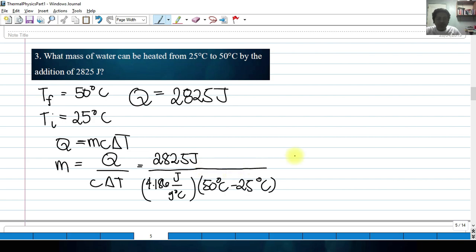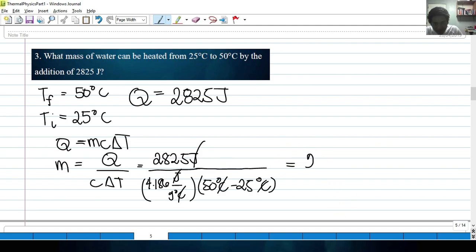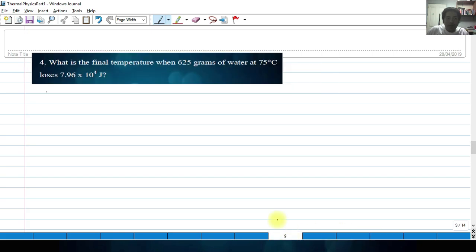The units should cancel, joules, joules, degrees Celsius, so we are left with grams as our mass. If we calculate that using our calculator, we shall get an answer of 27 grams. Of course, if we use the C which has a kilogram in it, we expect that the result should be in kilograms. Is it clear? Yes, it's very easy. That's an easy problem. So, let us try another one, number 4.